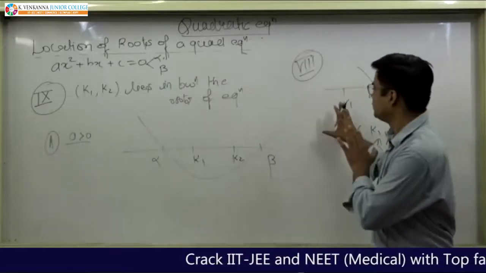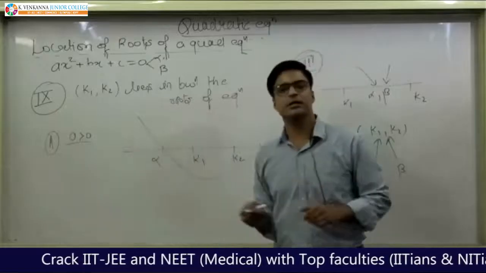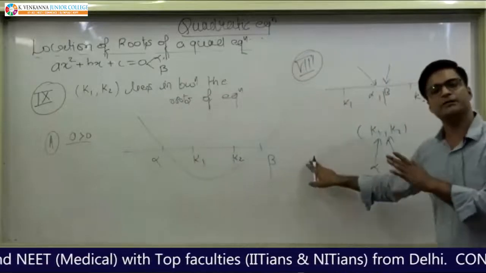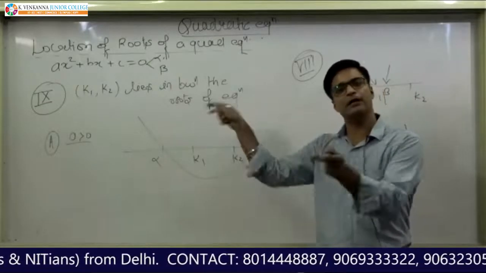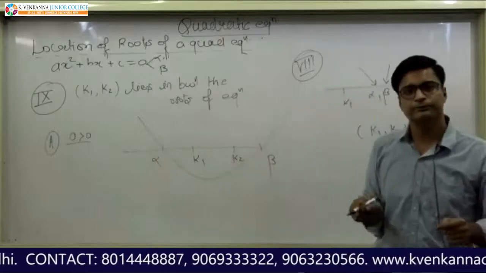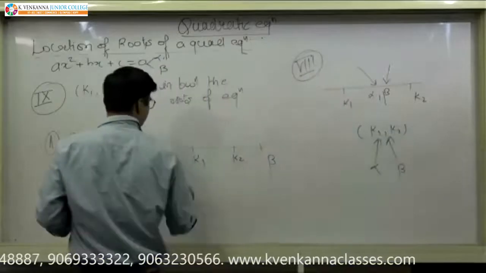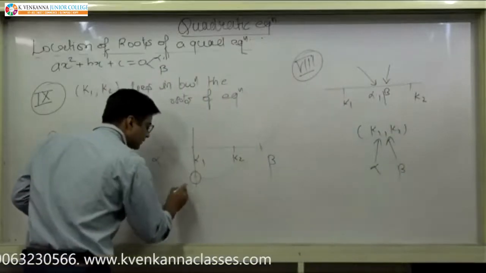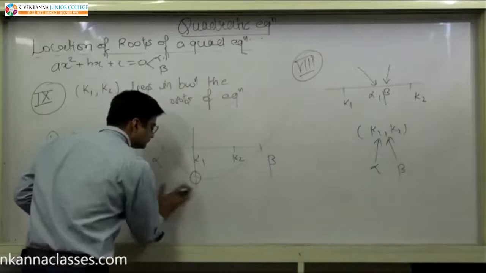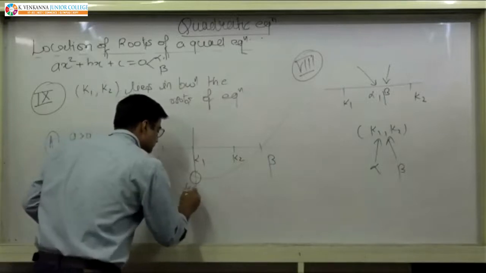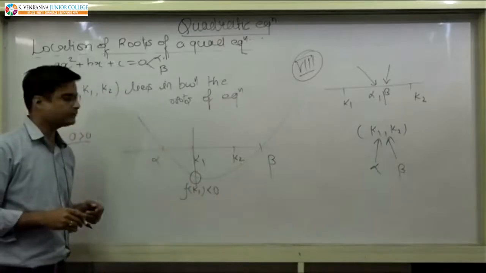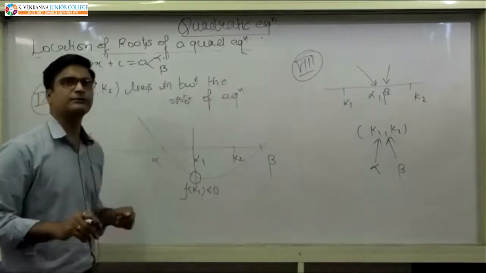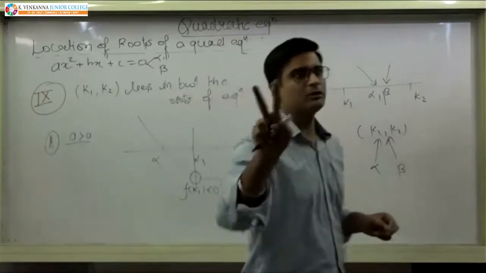I hope the difference is clear between case 8 and case 9. In case 8, we are saying roots lie in the interval. In case 9, we are saying the interval lies between the roots. So if you see, f of K1 is lesser than 0. Now just focus, it will take only 2 minutes.